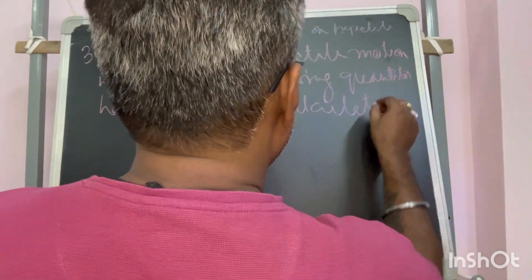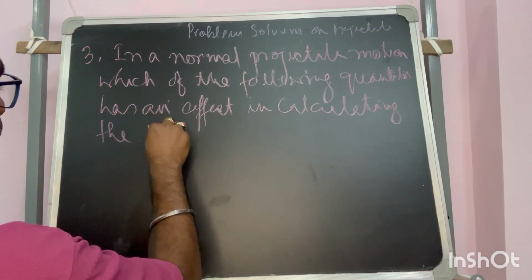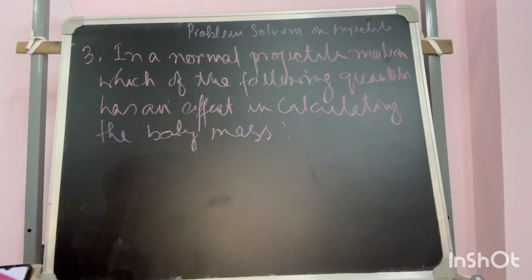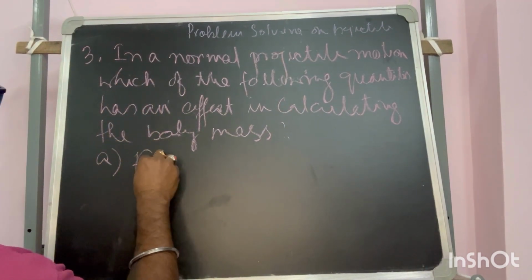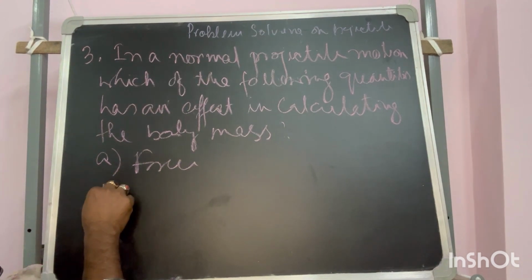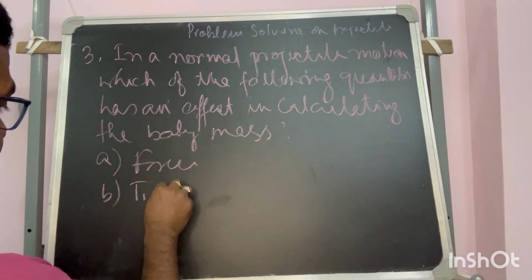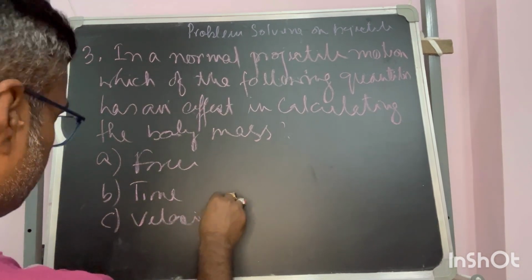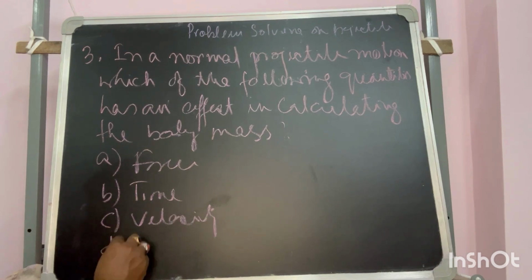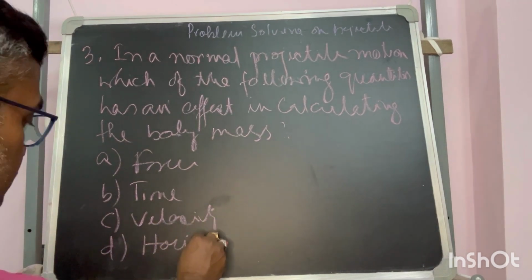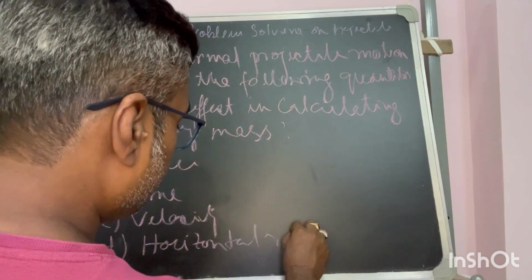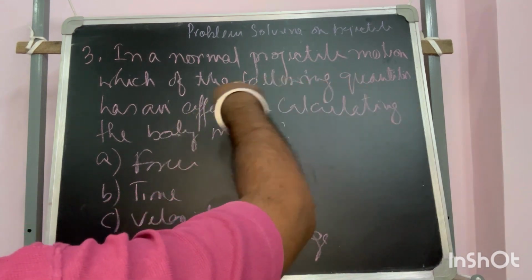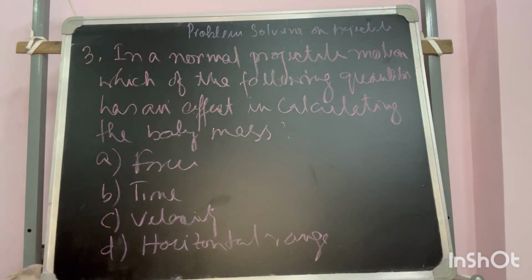The options are given: A, force; B, time; C, velocity; and D, the horizontal range. So in the normal projectile motion, which of the following quantities has an effect on calculating body mass?